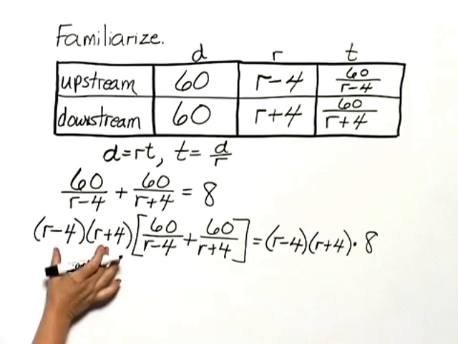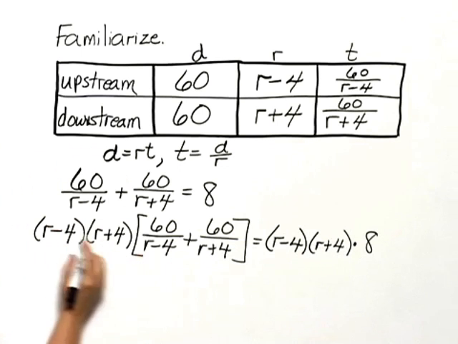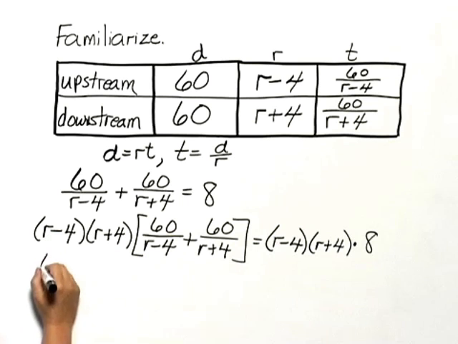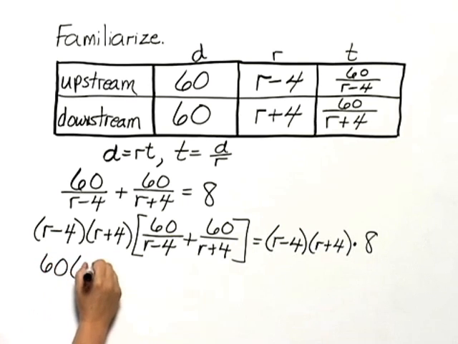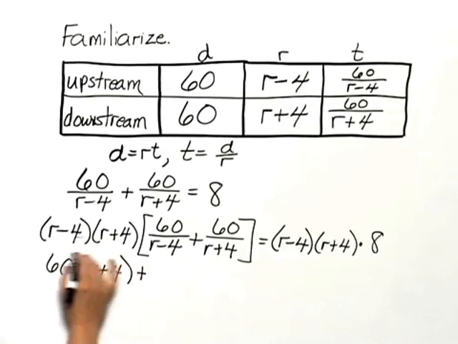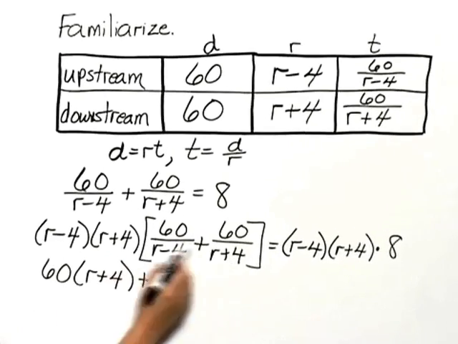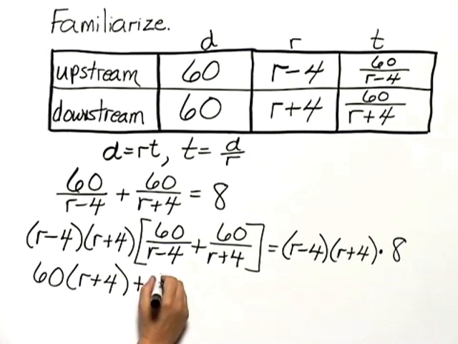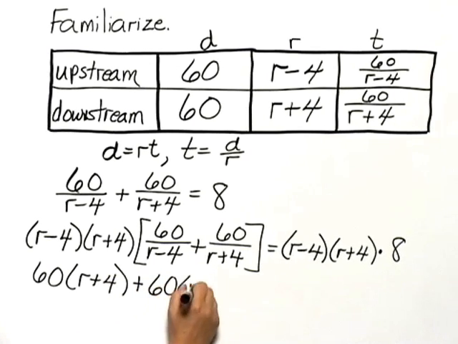When we simplify, when we multiply this by the first expression, the R minus 4 and R minus 4 will cancel, and we'll be left with 60 times R plus 4, plus, we multiply this by the second rational expression. In this case, the R plus 4 over R plus 4 will cancel. So we'll be left with 60 times R minus 4.